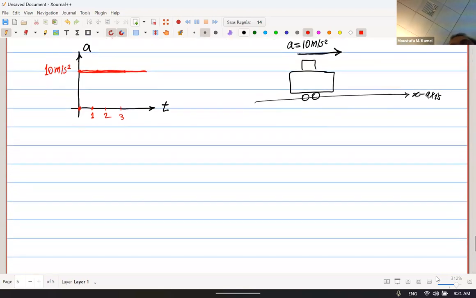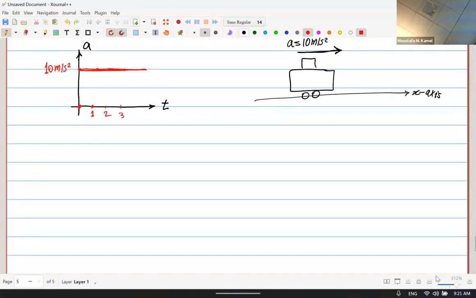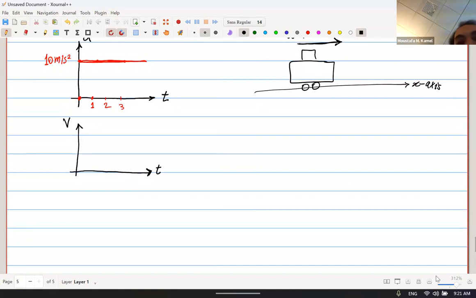If you wanted to plot velocity as a function of time, then you will have a similar graph, not similar to acceleration, but the same way of generating it. So during moments 1, 2, 3, 4.